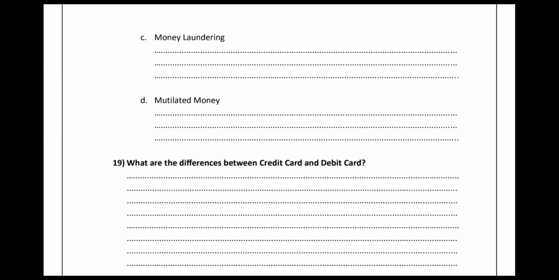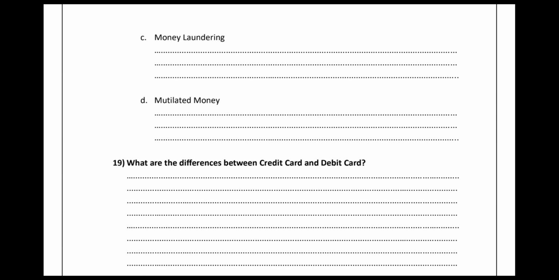Now what you can do is exchange damaged money for a new note. For that, you need to present it to a commercial bank, and that way you can convert it into a new note. Physically damaged money is mutilated money, or in easy terms damaged or unserviceable money.